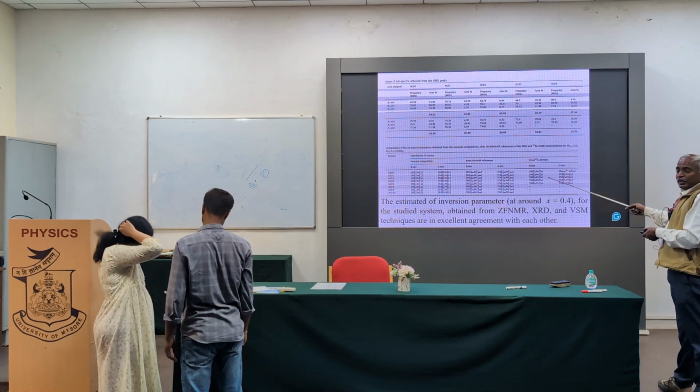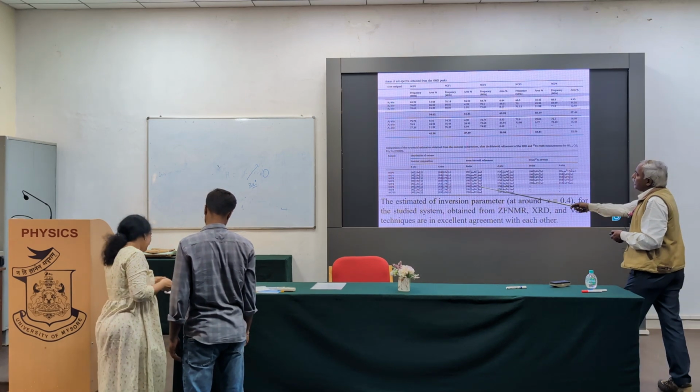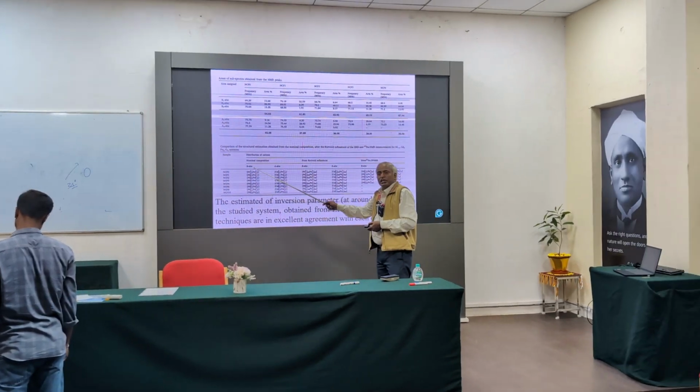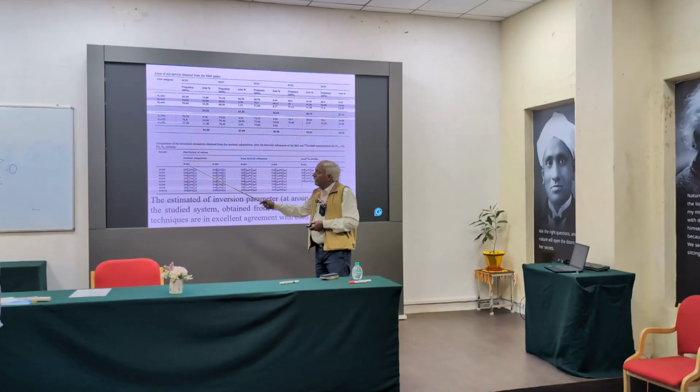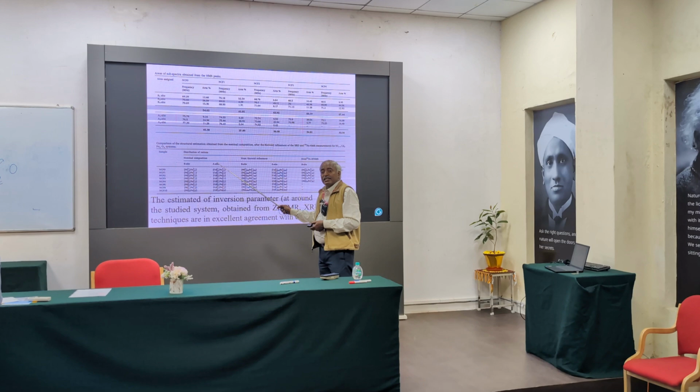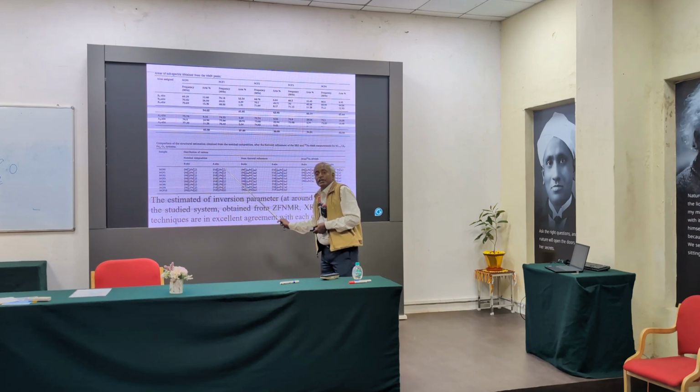Yeah, same information. What we do over here is estimate how many nickel atoms and how many iron atoms are at the B site and A site. B site only contains nickel atoms, and iron gets distributed at both B site and A site. It can go to B site or A site, but the cadmium cannot go to B site.